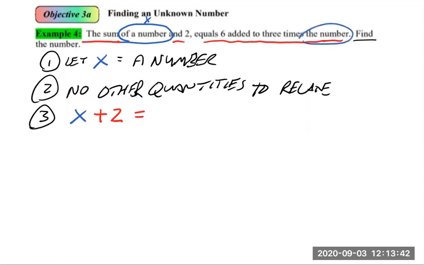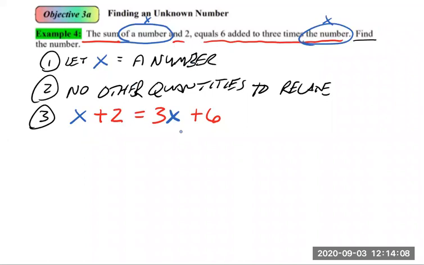And again, the number is referring to our variable. So 6 added to, we're going to add 6 to 3 times our number. Again, I'm trying to use the quantity that I defined and translate that mathematical process.